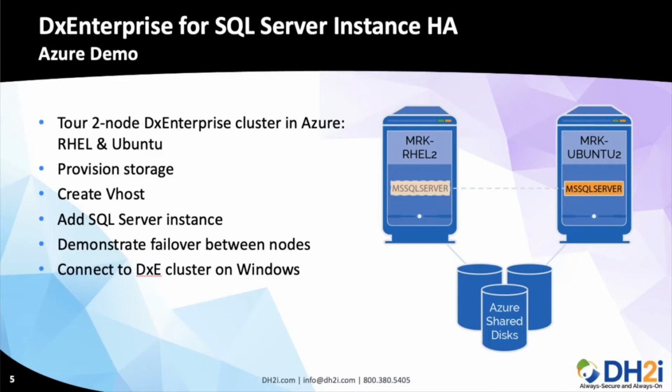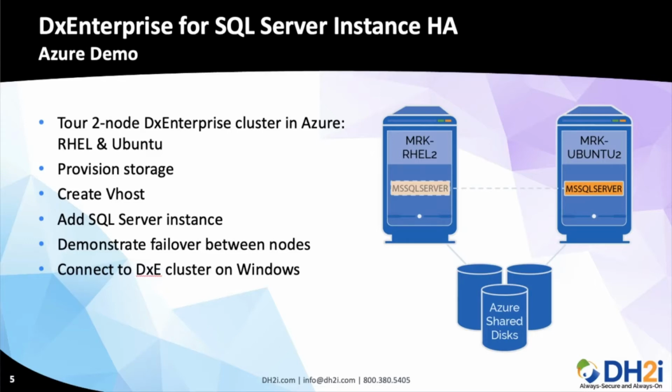What we'll then do is provision some storage once we have our cluster built. And so again, taking advantage of the Azure Shared Disks, they've been presented to both of these nodes. And so we'll manage those disks, format them, create volumes on them, and then create what's called a vhost. So I'll dig in a little bit deeper into what the vhost actually does and how that works.